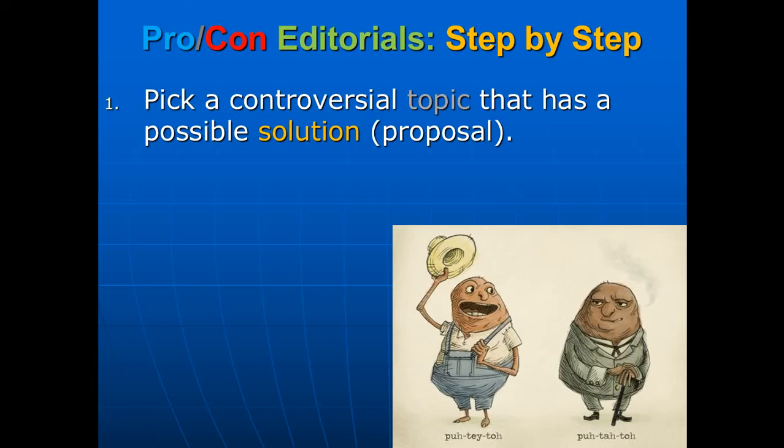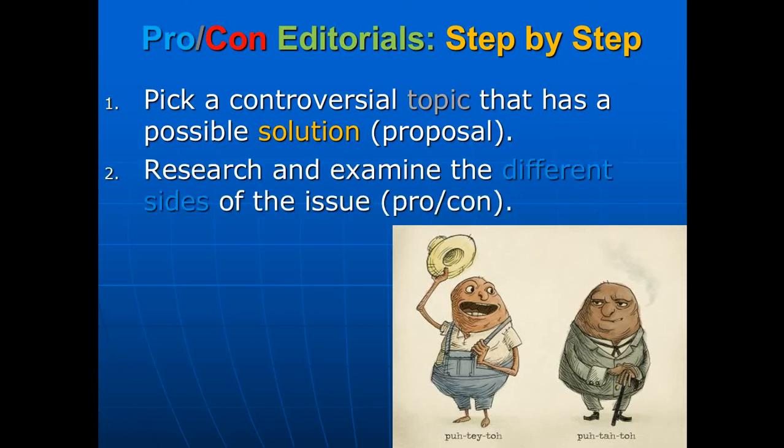So if you keep the same topic, you're already ahead of the game when you get to that final paper. And that's why in this paper I make you include possible solutions, so that you can start understanding what a proposal is and potentially use this paper to help you write your next paper.